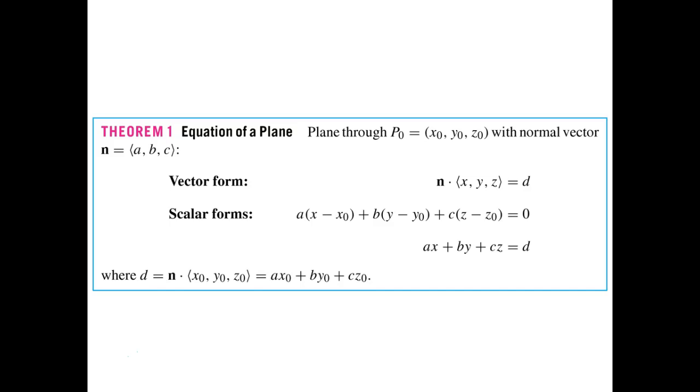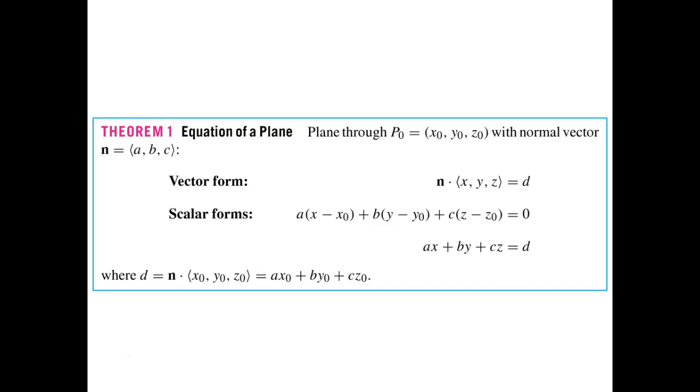And that constant d is this a x0 plus b y0 plus c z0. The dot product of, in other words, this times that plus this times that plus this times that. That's that constant d. So the normal vector dotted with this xyz that's any point in the plane, usually other than this point, the variable xyz, that's the vector form for that.